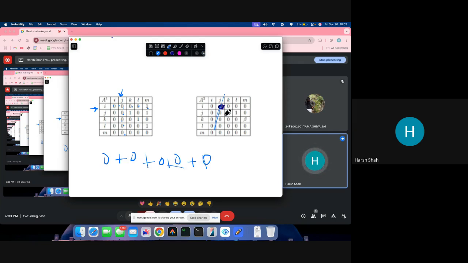This is what you have. Second is this, so that means this column and this row. 0 into 1, 0, 0 into 1, 0, 0 into 1, 0, 1 into 1, 1, and 0 into 0, 0. So you have 1.